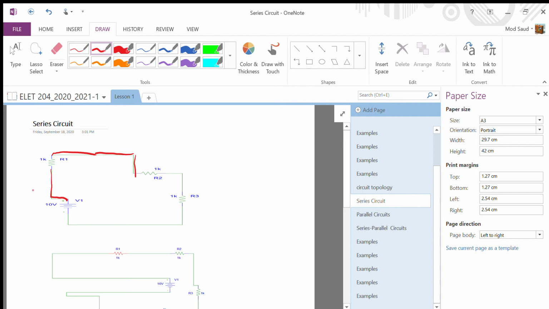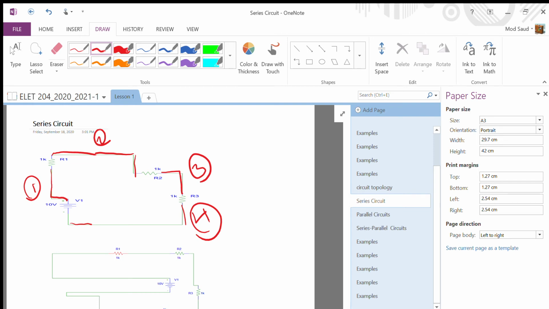So this node, number 1, connecting supply with R1. Node number 2, R1 with R2, R2 with R3, node 3, node 4, R3 with back to the negative terminal of the supply.